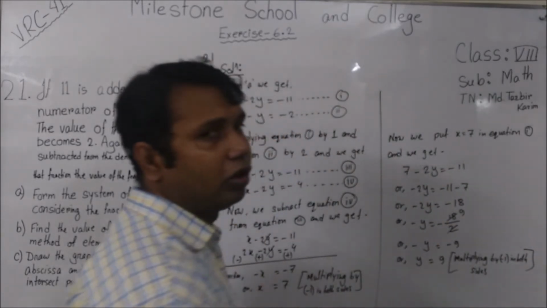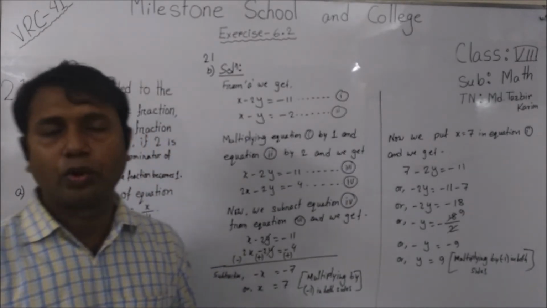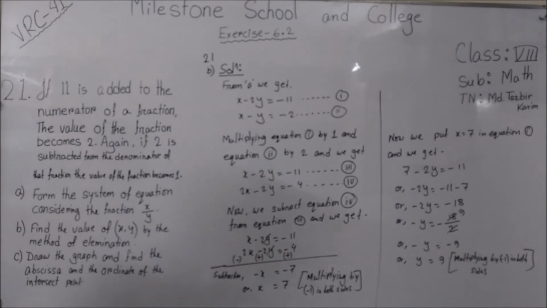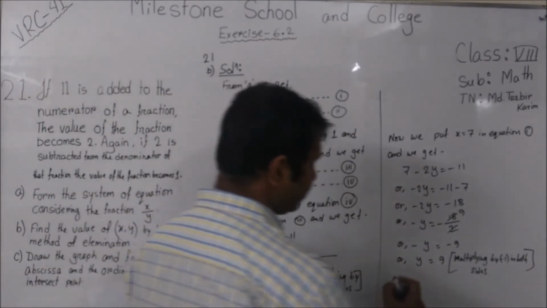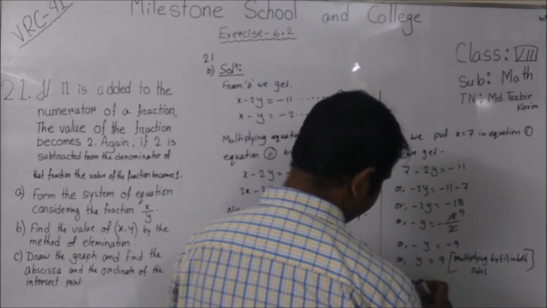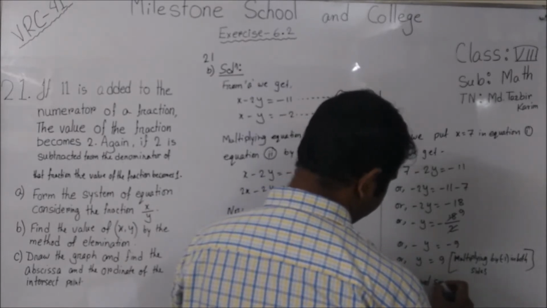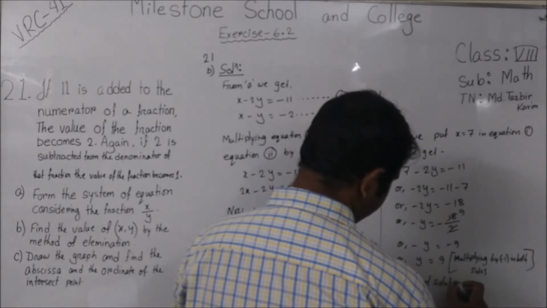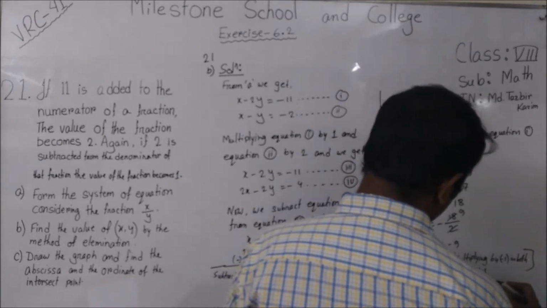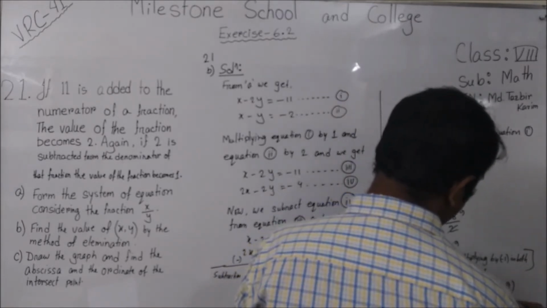So we get the value of x and y. What did the question tell us to find out? X comma y. It did not tell us to find out the fraction. So be careful about what is actually told you to do. So the required solution: x comma y equal to 7 comma 9.